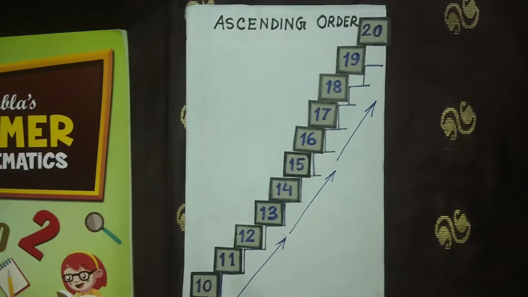Can you understand? I know everybody understands this. But you have to practice at your home to arrange numbers in this ascending way. What you will do: first, arrange some numbers randomly, then find a number from there and keep it in ascending way.